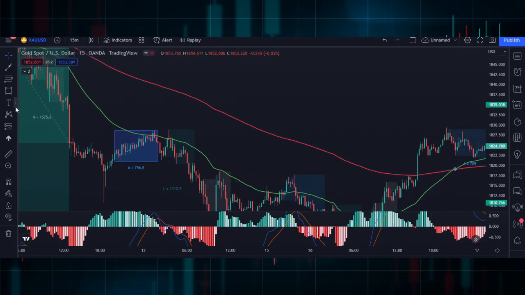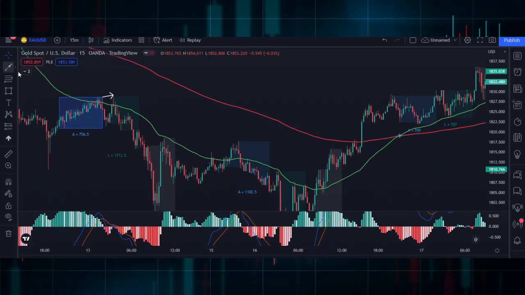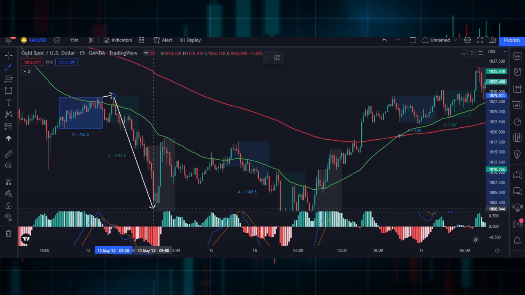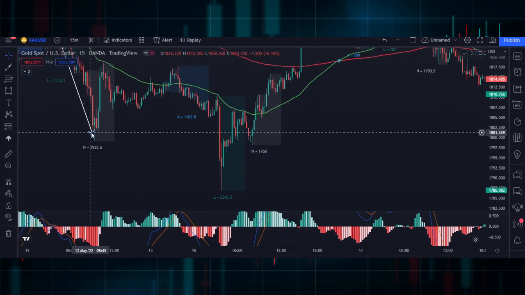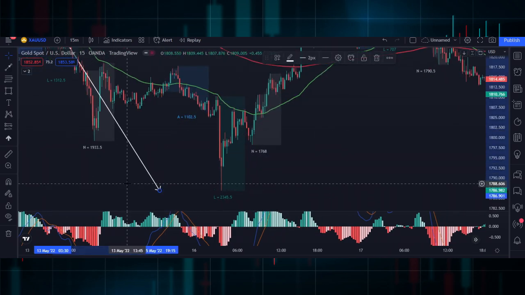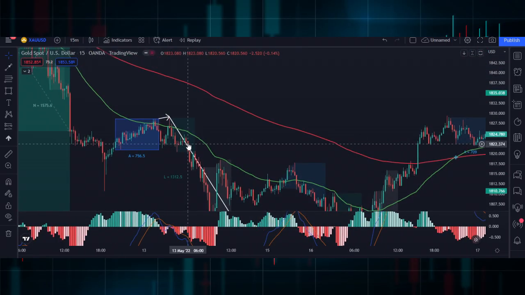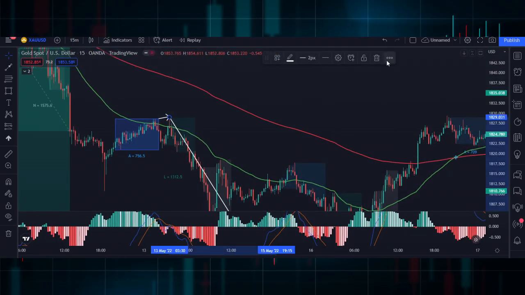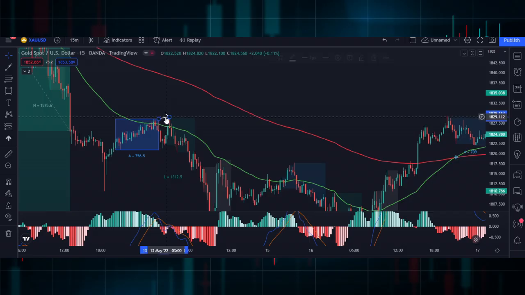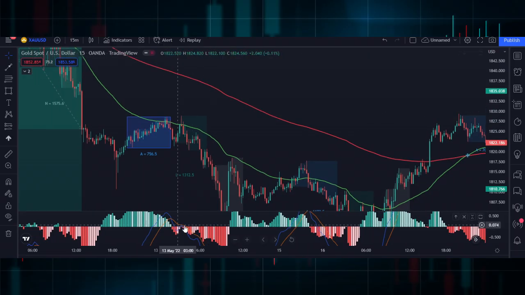Okay, as you can see, price went slightly above the Asian box right here before it dropped all the way down here with a normal selling setup. So in this case, just like before, we look at the MACD.